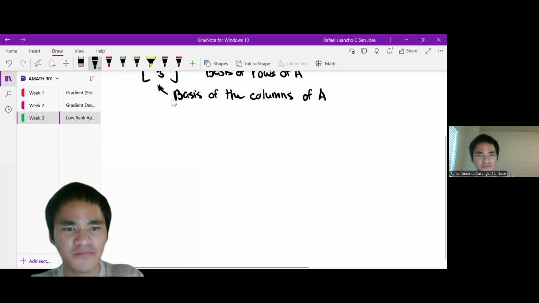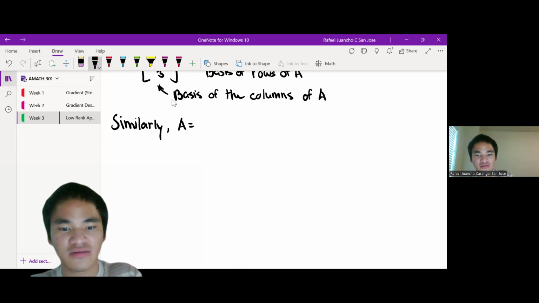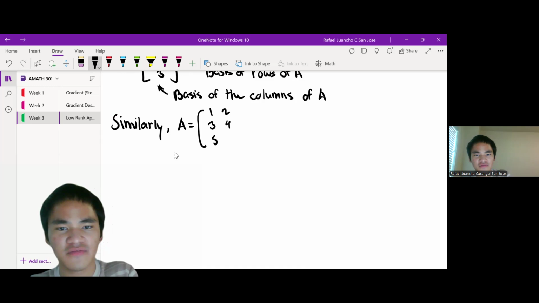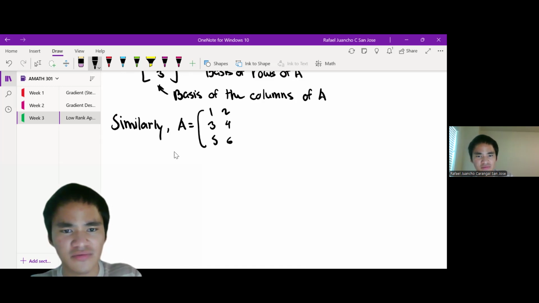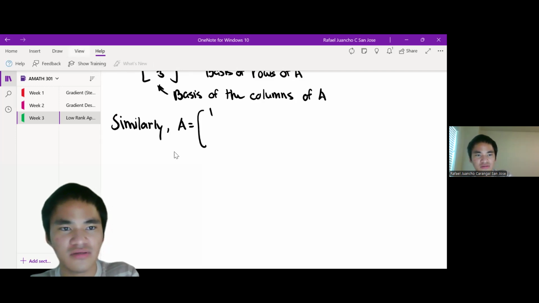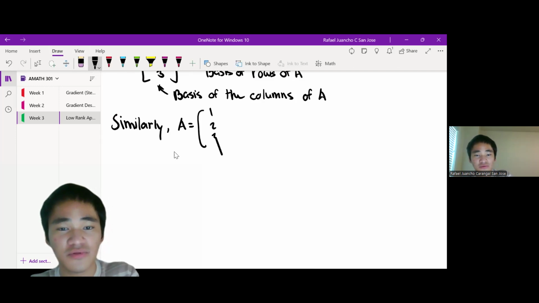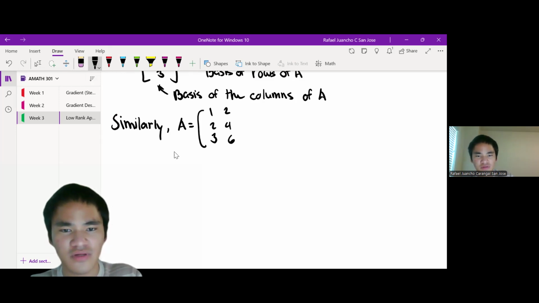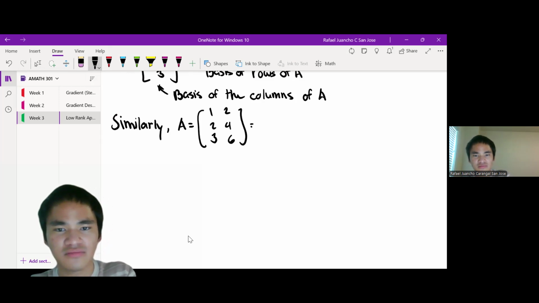Okay. And so similarly, let me do another example. If we say A is 1, 2, 3, 4, 5, 6, that matrix with those elements. Oh, my bad. 1, 2, 3, 2, 4, 6. Well, here we just say that's 1, 2, 3.